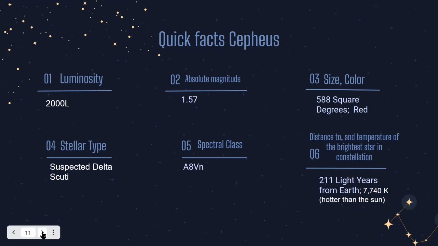The size is 588 square degrees, and its prominent color is red. The stellar type is a suspected Delta Scuti, the spectral class is A8VN, and the distance is 211 light years from Earth. The brightest star is 7,740 K, which is hotter than our sun.